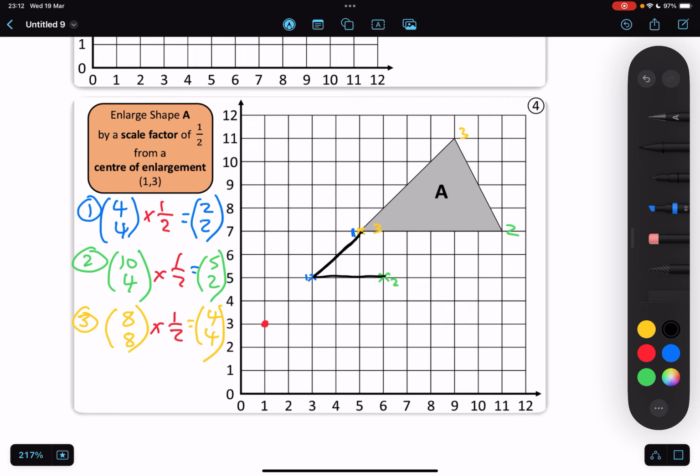So here we go. And that's it. But before we finish, we will check to see that the shape is half the size.